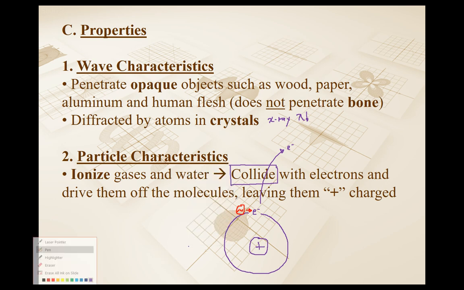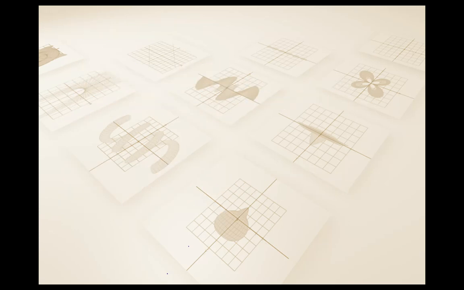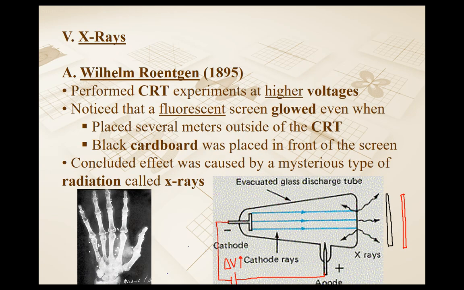Okay, second point is that X-rays can affect photographic plates. So let's go back to the previous slide of the X-ray of a person's hand. Maybe just briefly explain how this actually works. Let's say you were taking an X-ray of a person's hand.